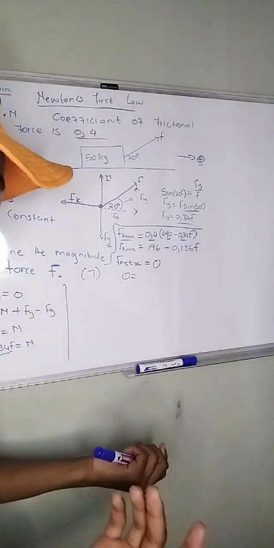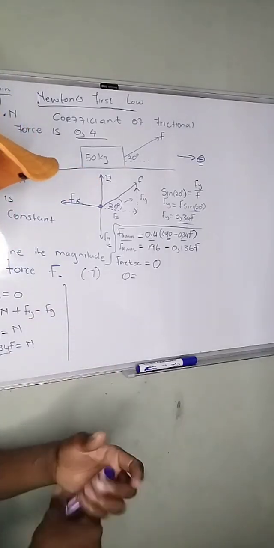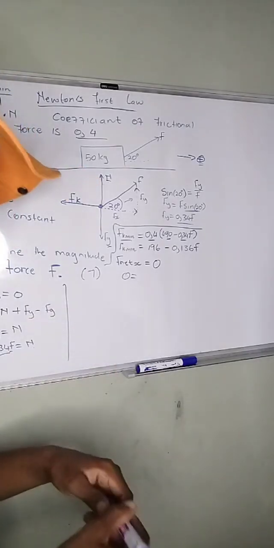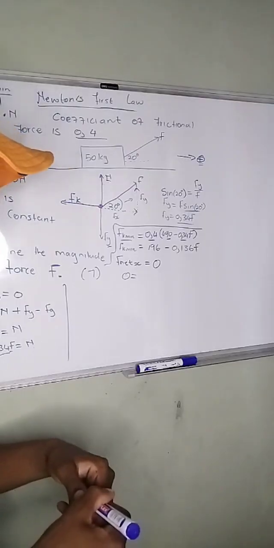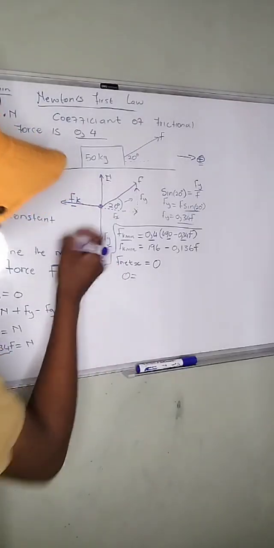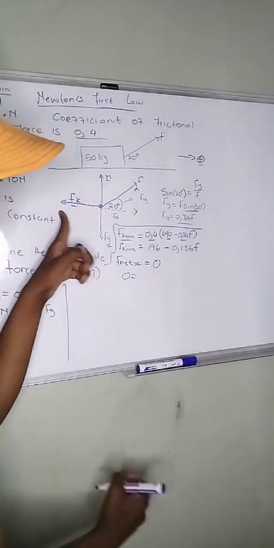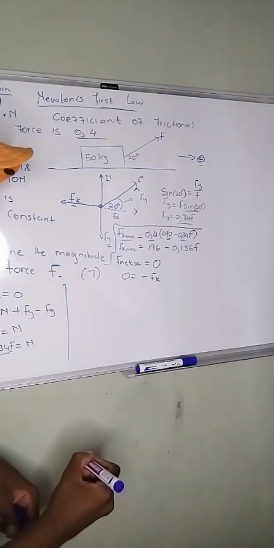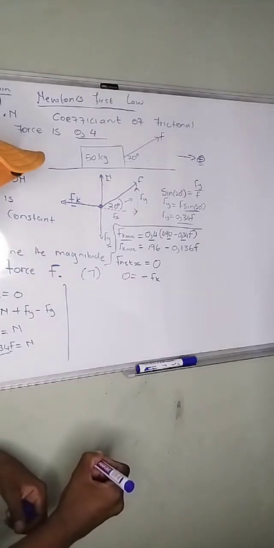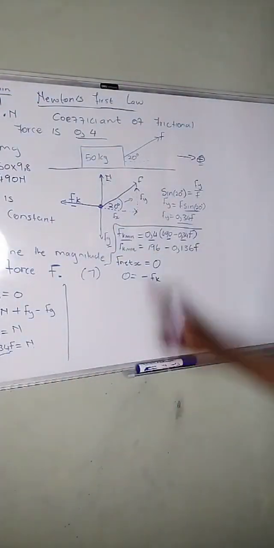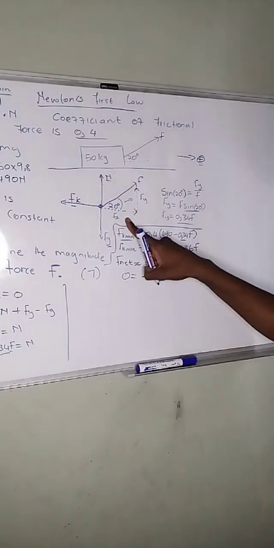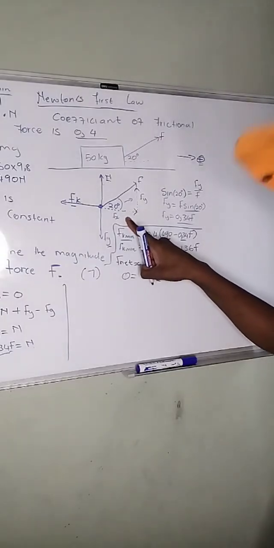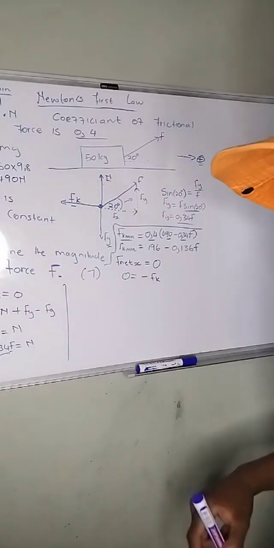It's going to be negative. Guys, Fk is pointing to the left. You chose right to be positive, so you're going to have negative Fk. What about Fx? Is Fx going to be positive or negative?